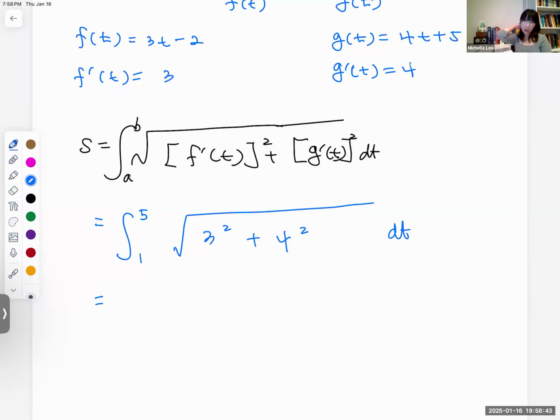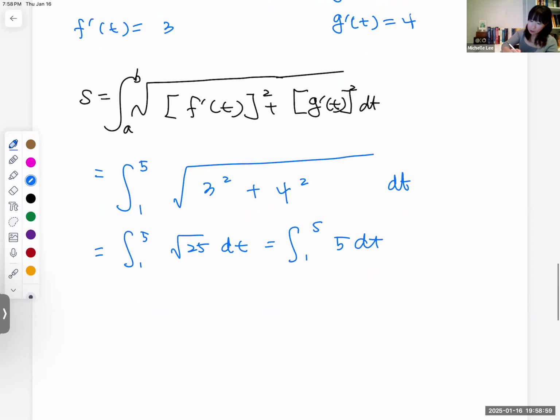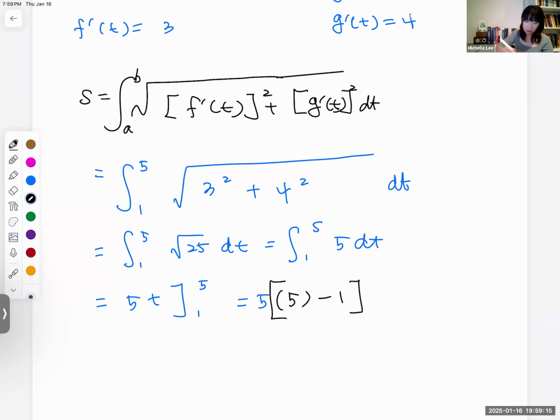So 3 squared plus 4 squared is the square root of 25, which is 5. Very straightforward, right? So that would be 5t with definite integration from 1 to 5, which is 5 times 5 minus 5 times 1, which is 20.